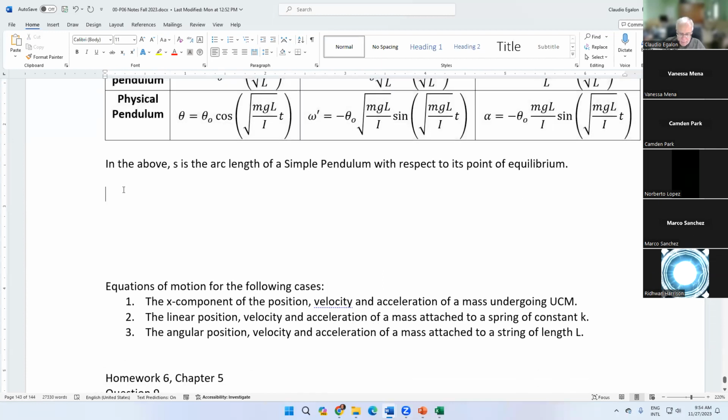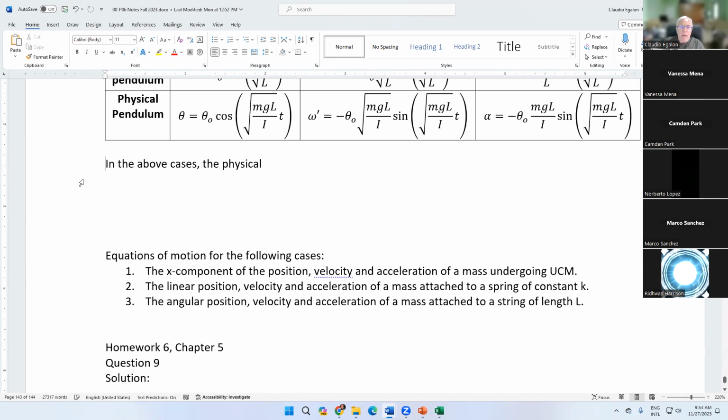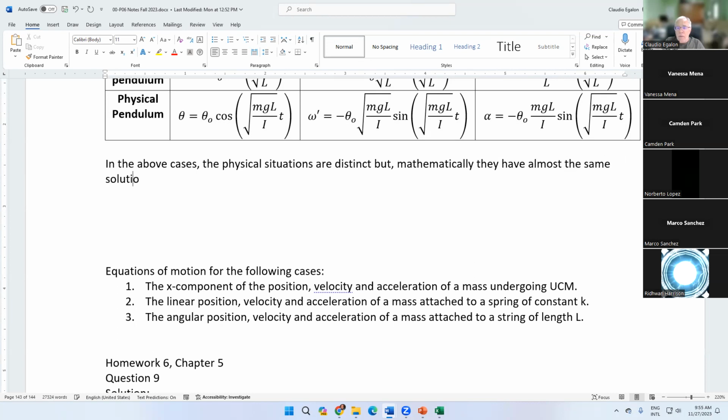In the above cases, the physical situations are distinct, but mathematically, they have almost the same solution.